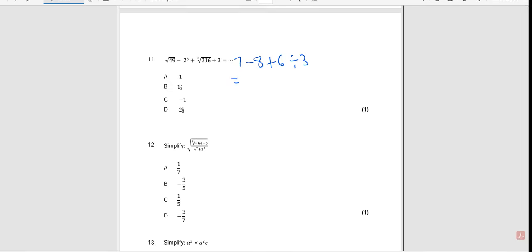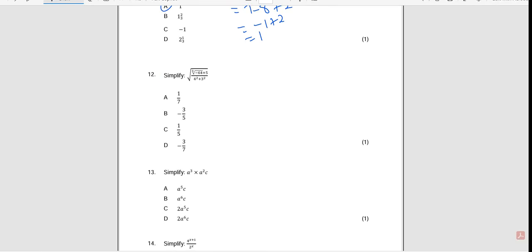And then the answer, it's going to be 7 minus 8. 6 divided by 3 is plus 2. So 7 minus 8 is -1, plus 2. And then the answer is 1. The correct option is A.